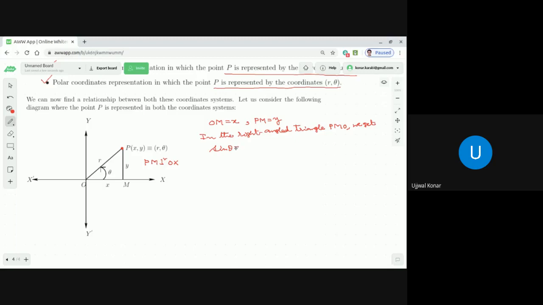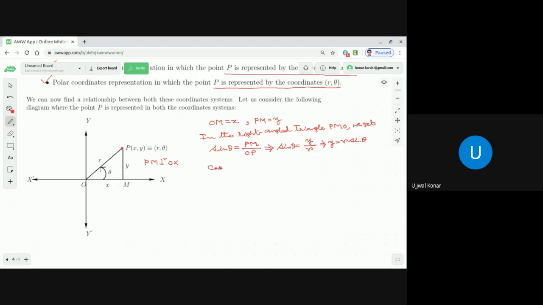In the triangle, sine theta is equal to PM by OP. So this implies sine theta is equal to y by r, since PM is y. That implies y is equal to r sine theta. So if you know r and theta, you can find the value of y.